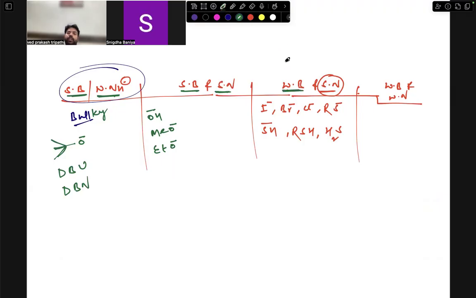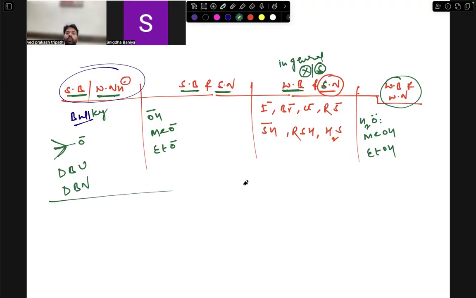So I can say here in general, halogen and sulfur. You can see sulfur sounds like S. S is a strong nucleophile, clear? And weak base. Now, weak base and weak nucleophile, this is quite simple. The lone pair one, neutral one, like H2O, like MeOH, methyl alcohol, and ethyl alcohol. Clear?